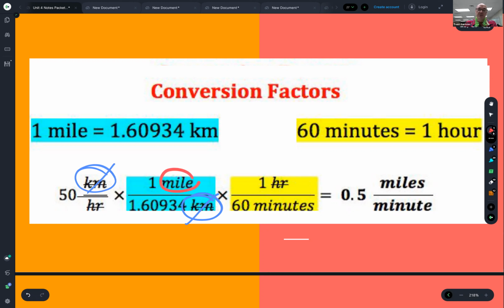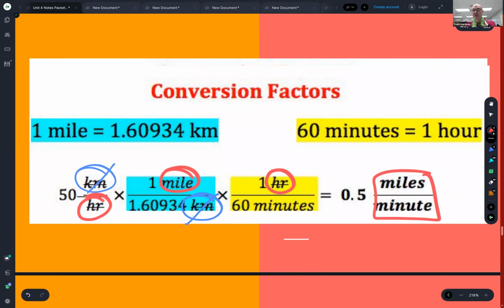Units for miles did not cancel out. What I cancel out are the hours on bottom, hours on top. Ooh, that's a weird one. And what you're left with then are the units desired in this problem, which are miles per minute. After you multiply across the top, multiply across the bottom.